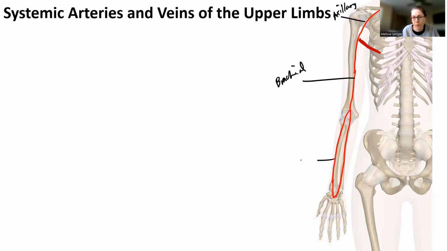And then thumb side, remember, thumb side is radial side, and pinky side is ulnar side. Oh, arteries, so easy.